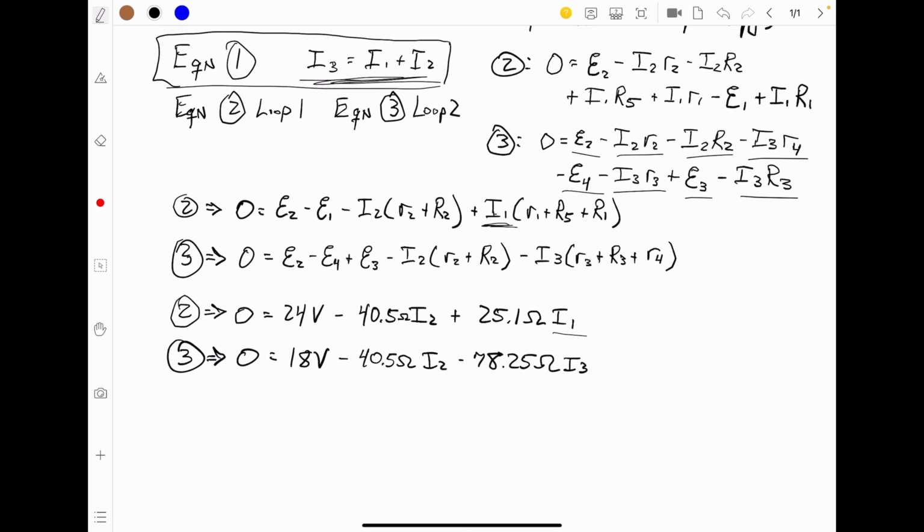Okay, so we've got I1, we've got I2, and then we've got some voltage. We've got I2, and we've got I3, and then we've got some voltage. So what we can do is use the fact that I3 is equal to I1 plus I2 and start solving for I1 and I2 and so on and so forth. Okay, so why don't we, how did I do it?